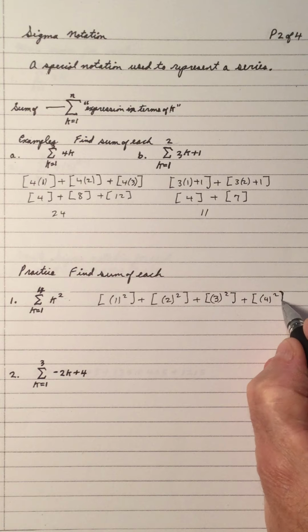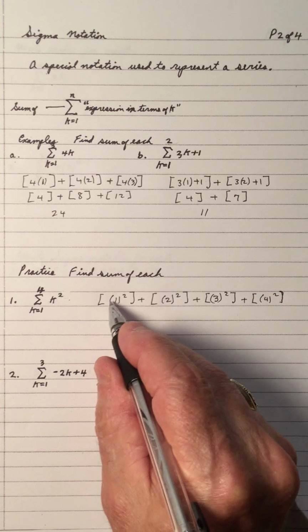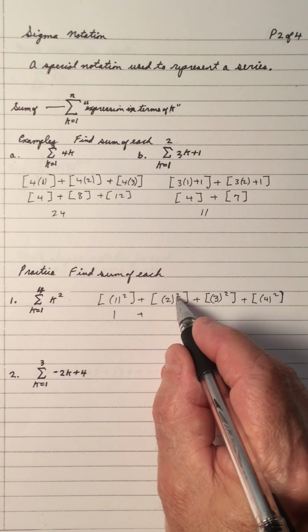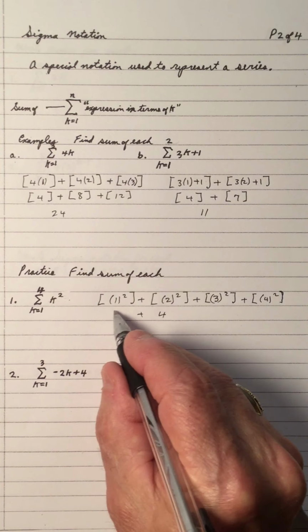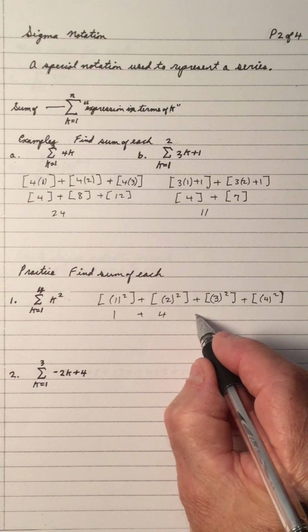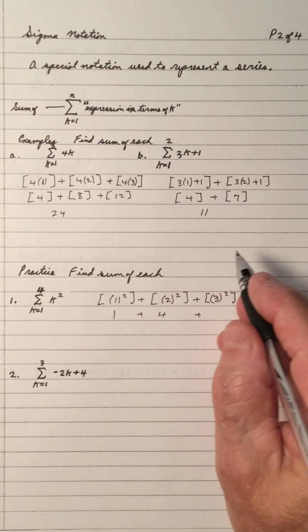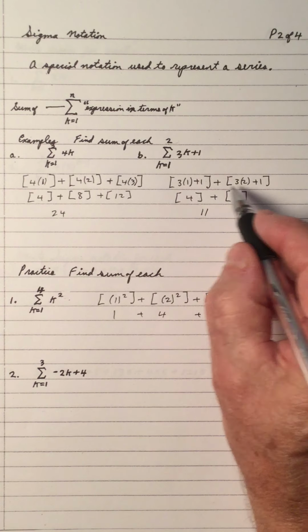Now I don't have to put the brackets around this. 1 squared is 1, so that gives me a 1. 2 squared is 4. I could leave the square brackets there, but I'm working out each of these individually. I'm only putting them in to indicate that I'm doing it.